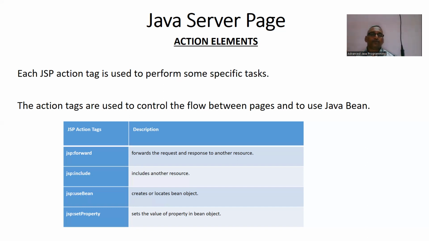It is mostly used to forward and include. And jsp:fallback can be used to print a message if the plugin is not working. It is used with jsp:plugin.